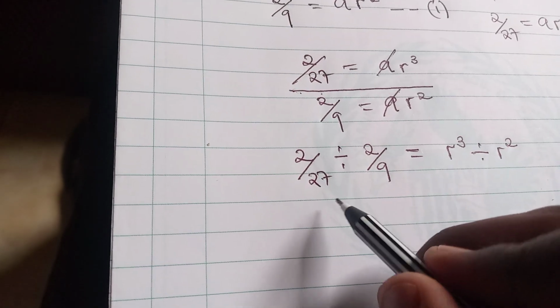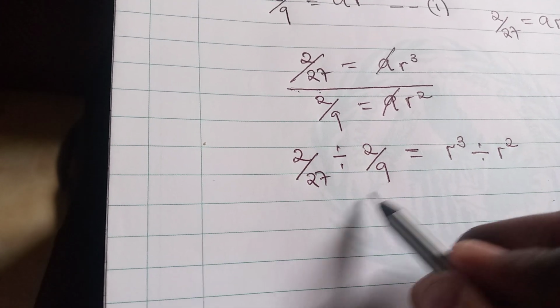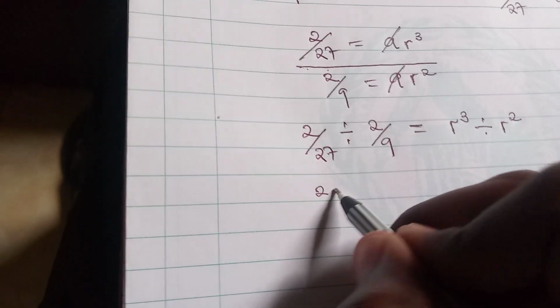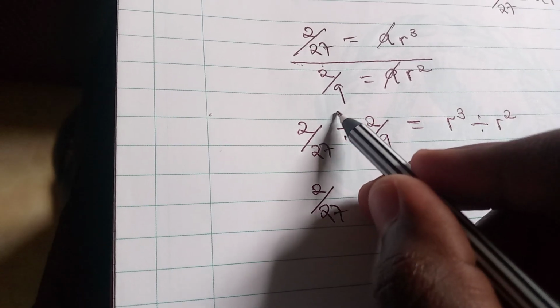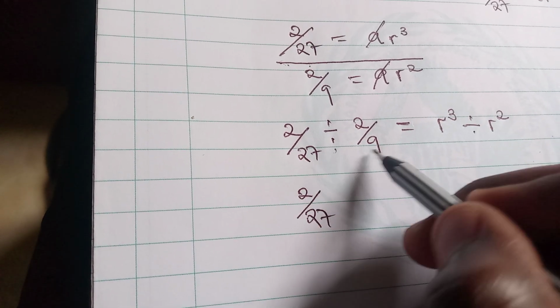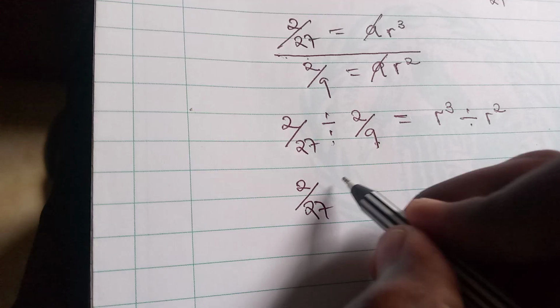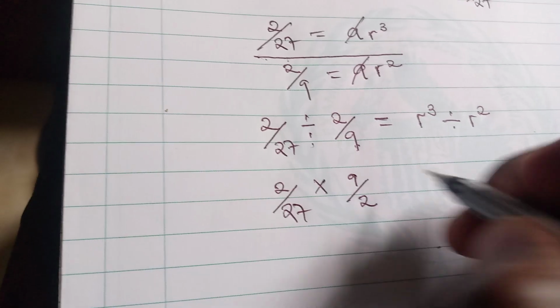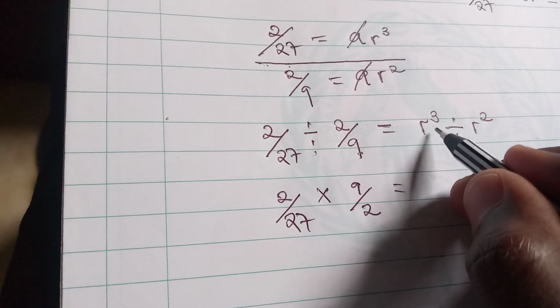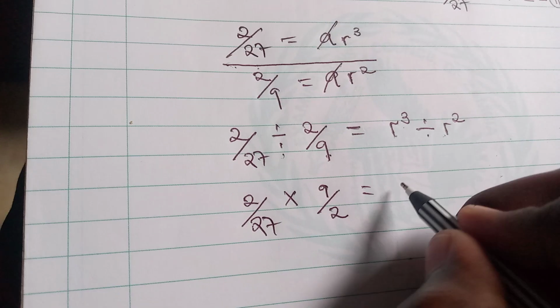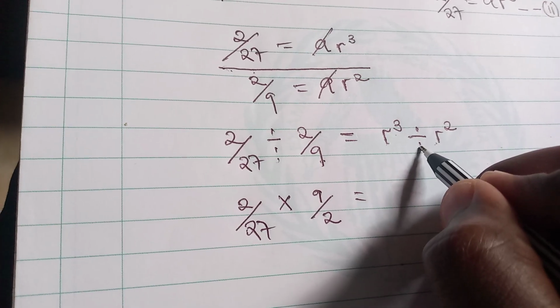Now we have to simplify the values from this side. You write 2 over 27 and change this sign to a multiplication sign, so the numbers swap, they reciprocate: times 9 over 2. Then, under the rules of indices where the bases are the same, if there is a division symbol, what do you do to the power?